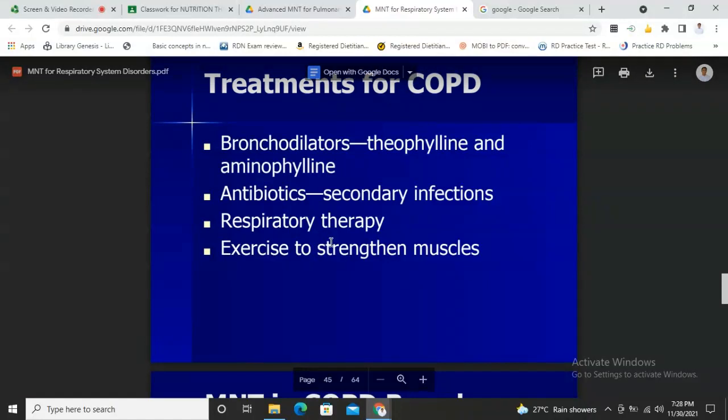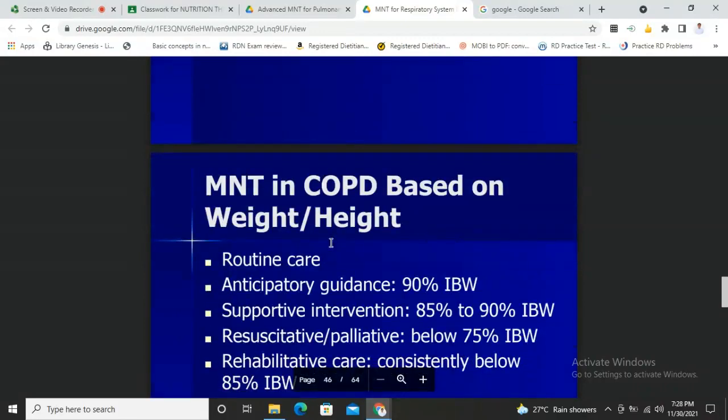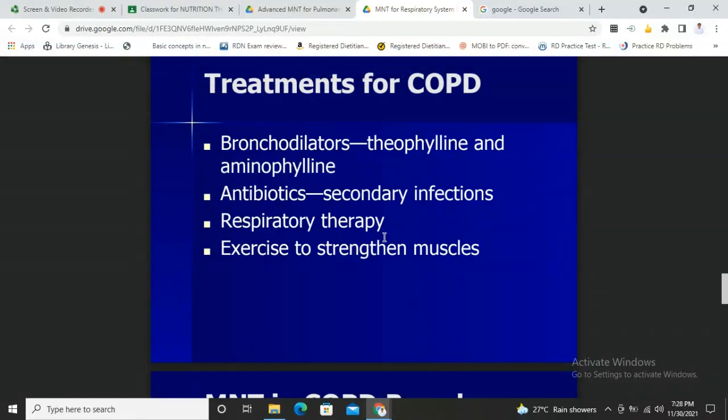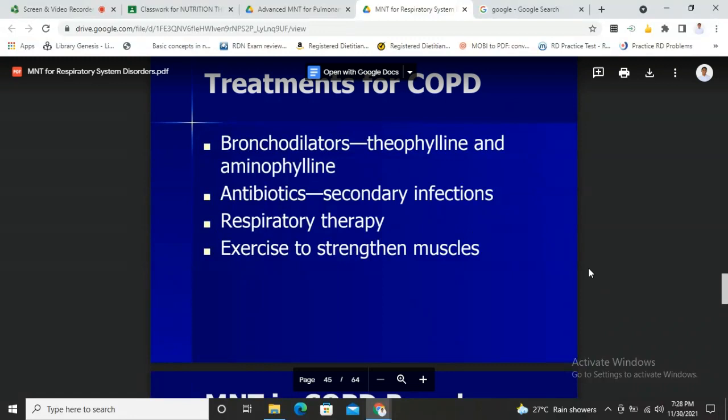Address physical activity, because if the patient is more physically active, the muscle function of the respiratory system will improve. We might also need intervention from respiratory therapies, so we can include that under the coordination of nutrition care.